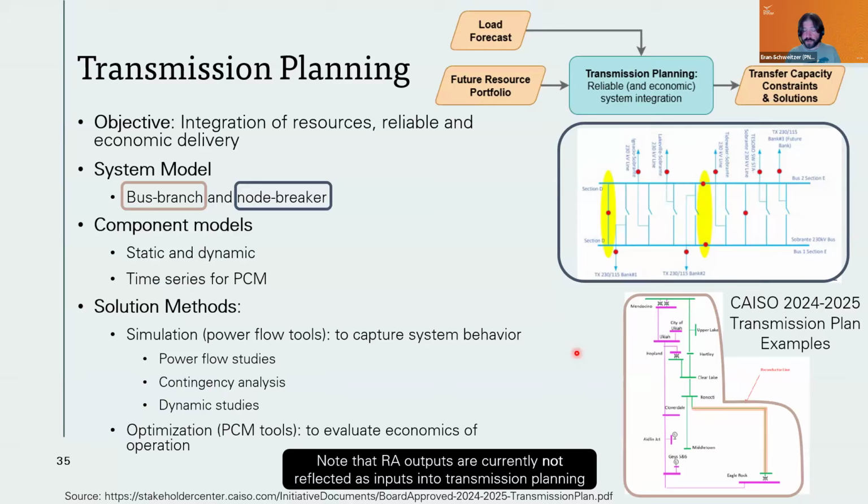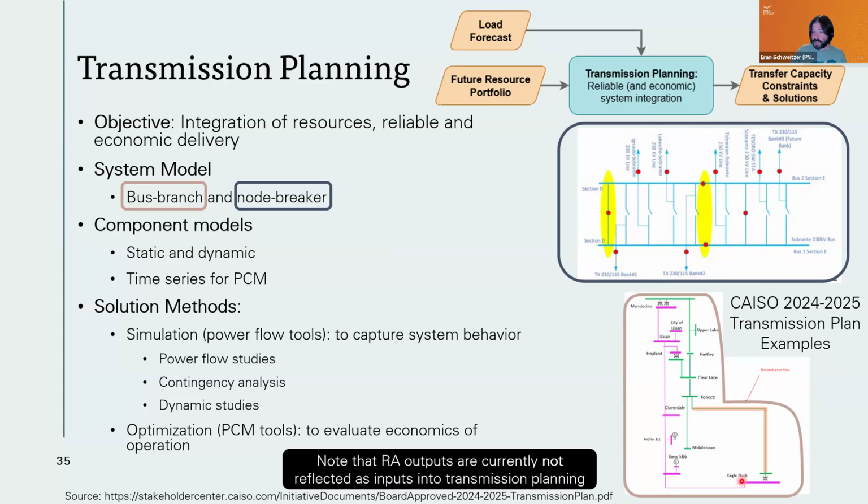Finally, the last planning process that we had in that first slide is the transmission planning process. And the objective of this process is to integrate resources reliably and economically. Now, we use two main models here. We have a bus branch model, and we have two examples here from the CAISO transmission plan.